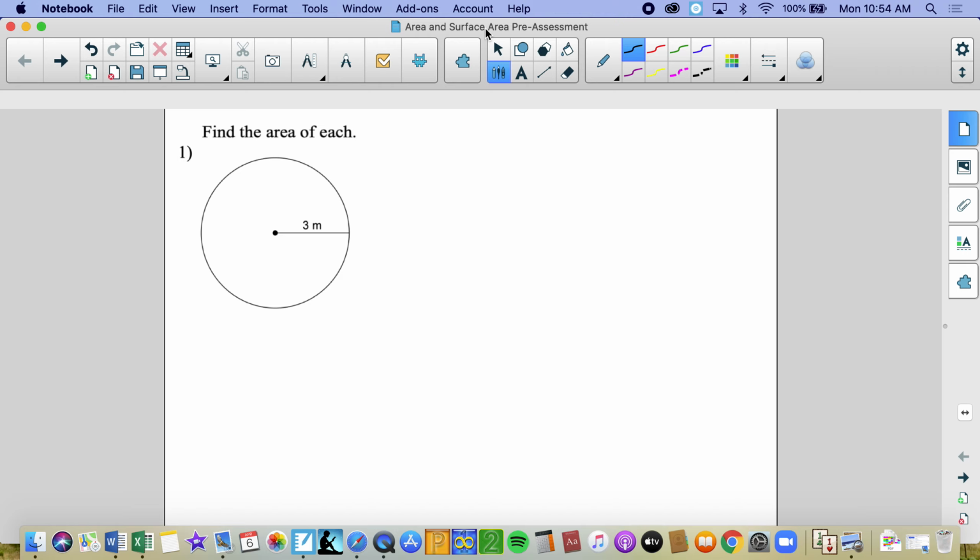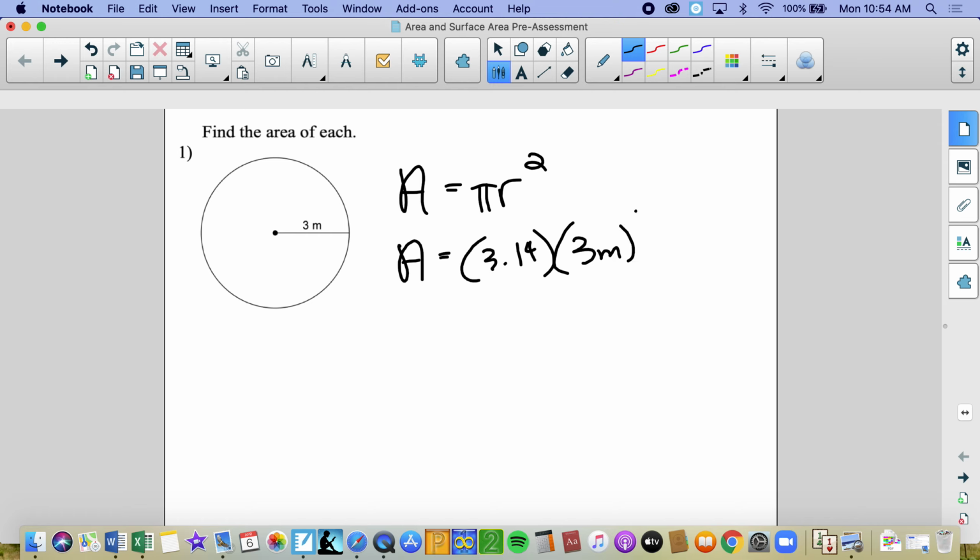So the first one, it says find the area. We have a circle. We should know that the area of a circle, the formula is pi r squared. We're going to plug in 3.14 for pi, and our radius is 3 meters, quantity squared. So area is going to equal 3.14 times 9 meters squared.